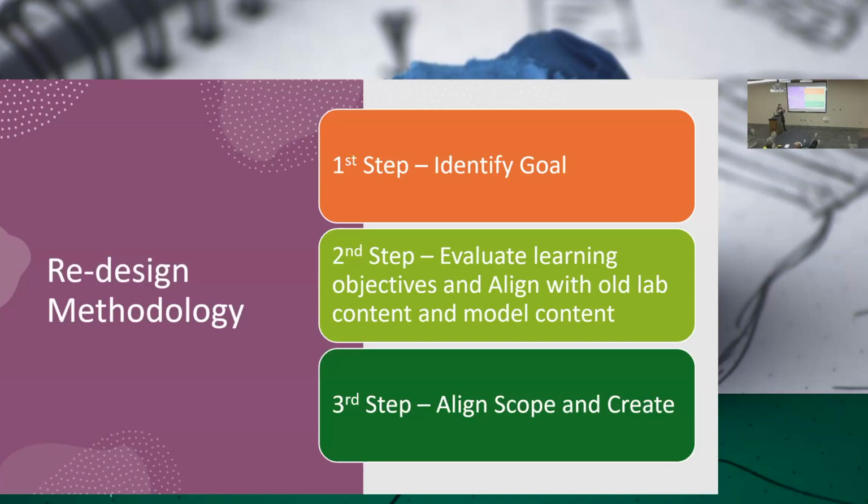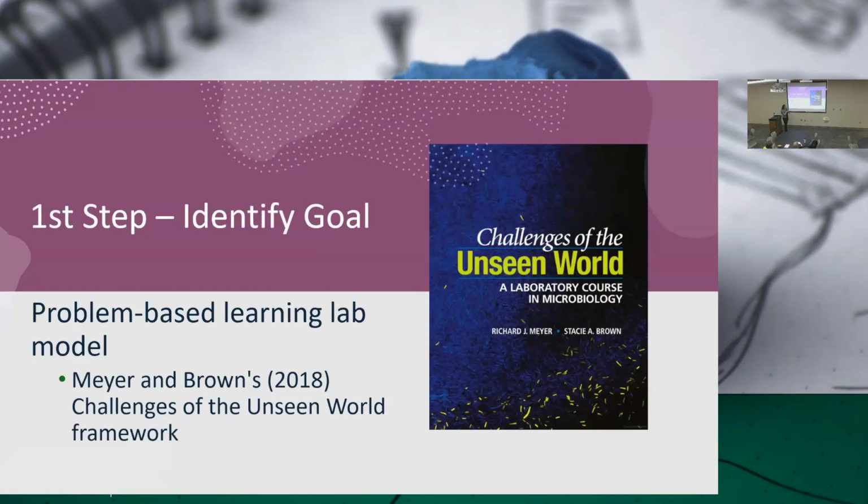And third, making sure our general microbiology scope and problem-based scope meshed with our content, and creating what we needed to fill in those gaps. The first thing was our model. Sarah had found a really great book at a conference, Challenges of the Unseen World, a laboratory course in microbiology.